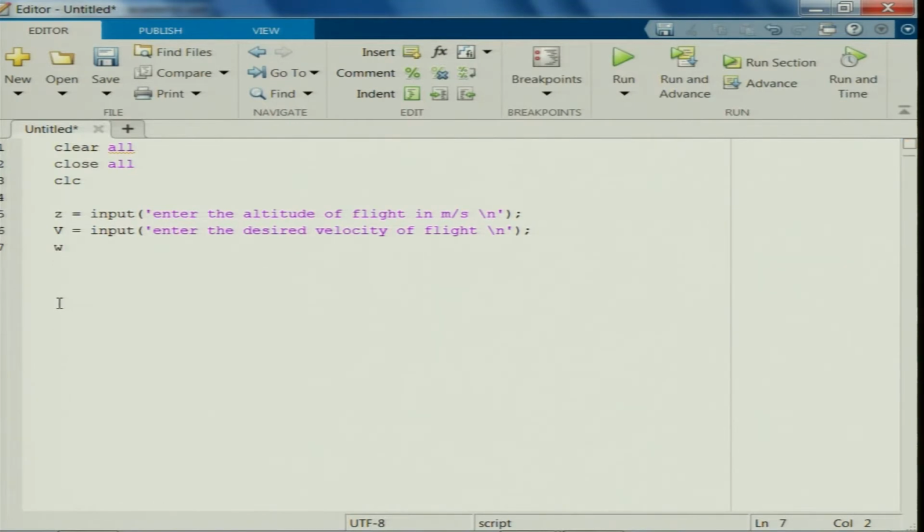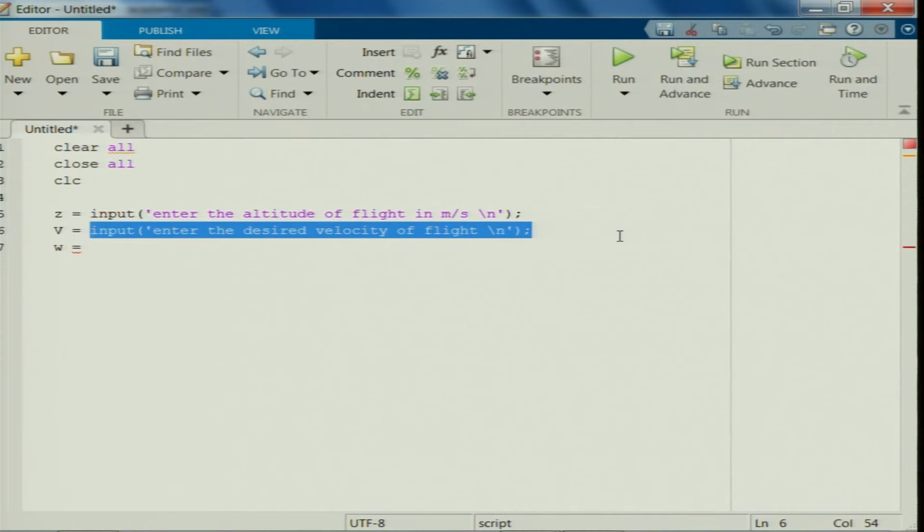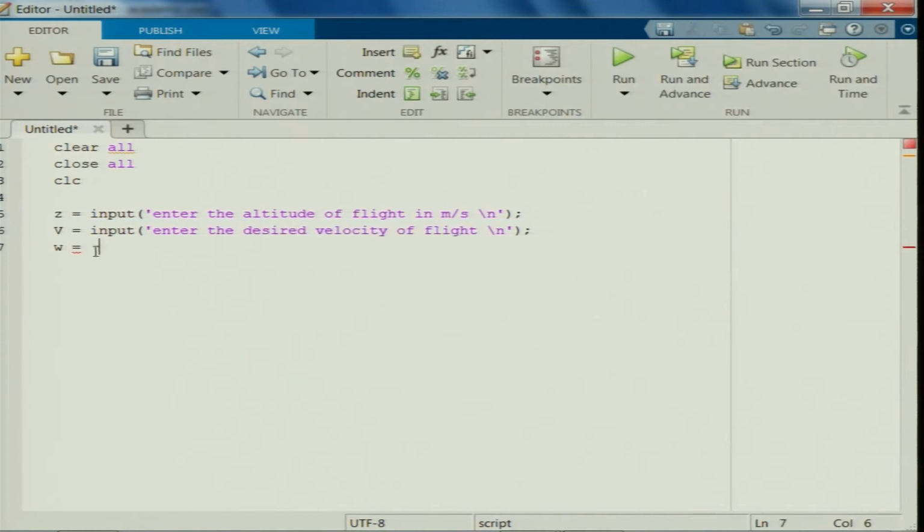Then W from the weight estimation algorithm. Let us say small w is an input: enter the estimated weight of the UAV in kg.